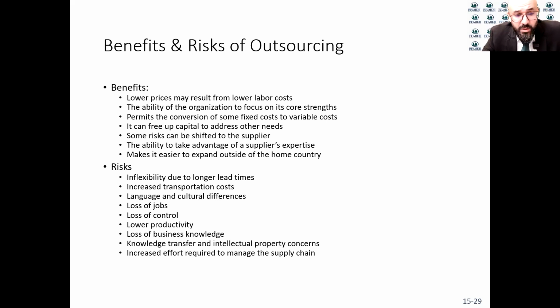Loss of business knowledge, because you let somebody else take part of your business, therefore you could miss new trends that you will not be aware of, and then you lose the knowledge in your business. Knowledge transfer and intellectual property concerns, because you want some help from the outsource supplier, you give them some blueprints and some dimensions and so on.